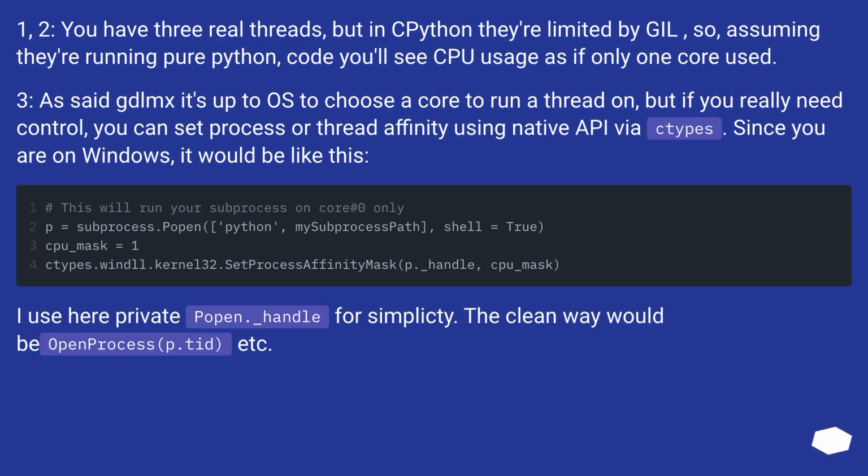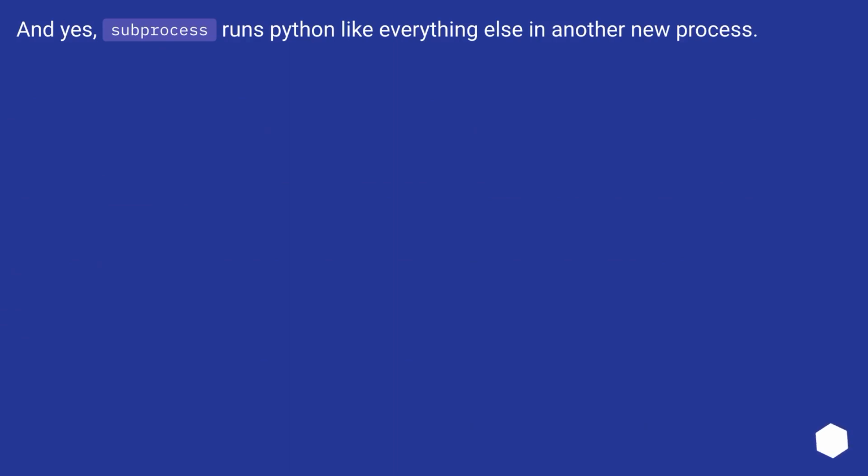Since you are on Windows, it would be like this. I use here private Popen._handle for simplicity. The clean way would be OpenProcess(p.pid), etc. And yes, subprocess runs Python like everything else in another new process.